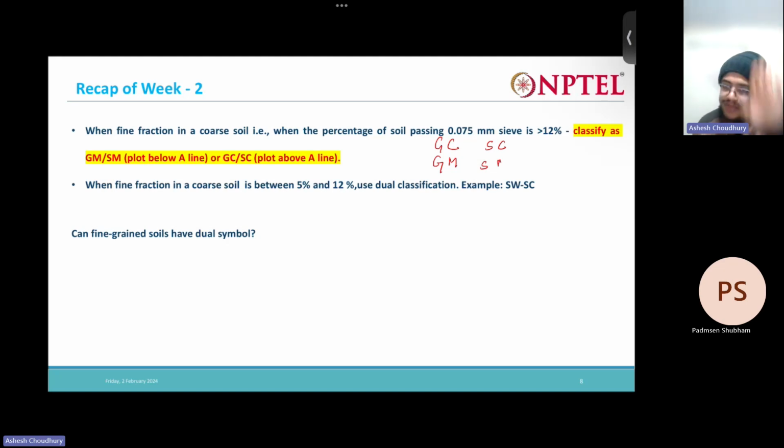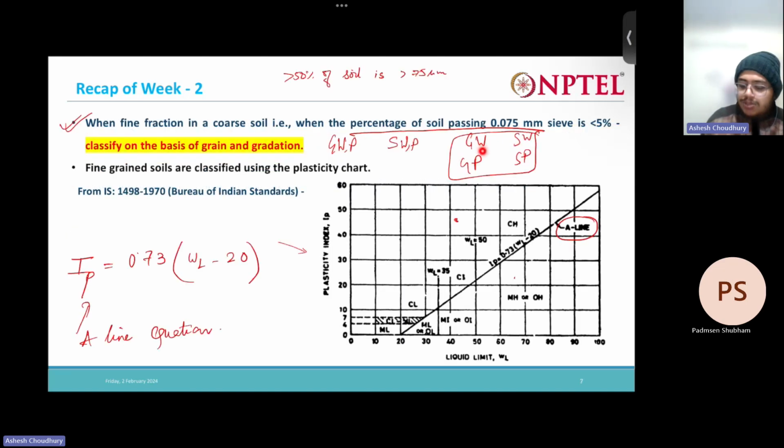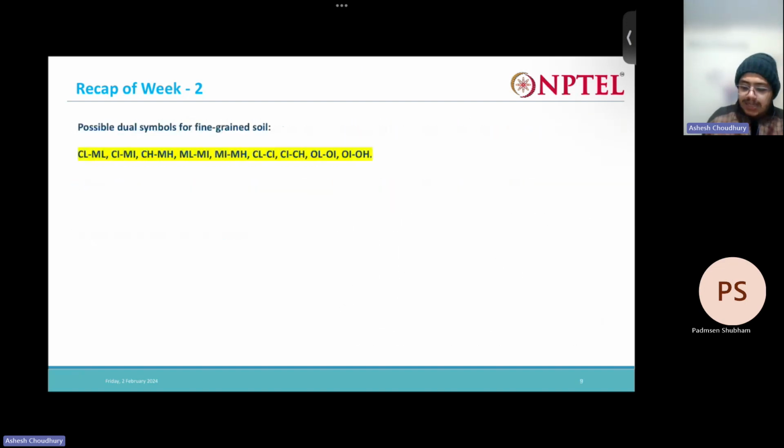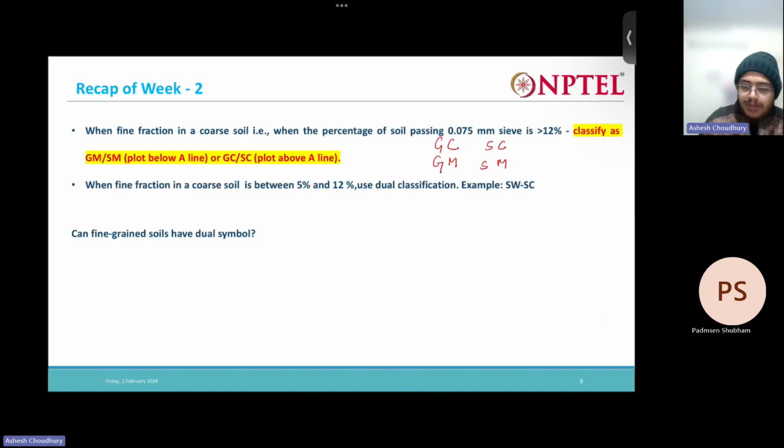So the prefix will be the same, gravel or sand, but in the previous case the suffix was occupied by the gradation, well graded or poorly graded. Now, in this case, the suffix will be occupied by the fine particle name, either C or M, that is clay or silt, based on where it falls on the A line, above or below.